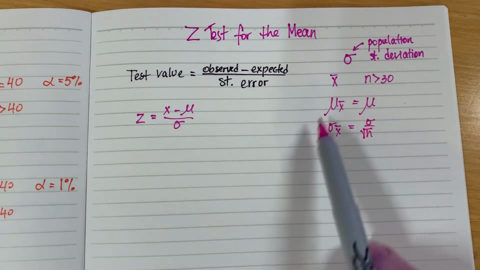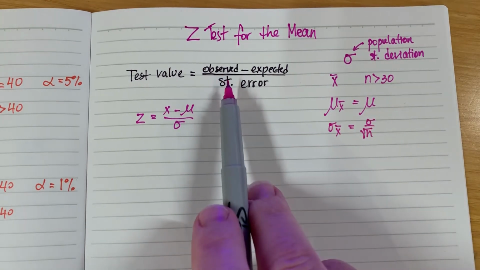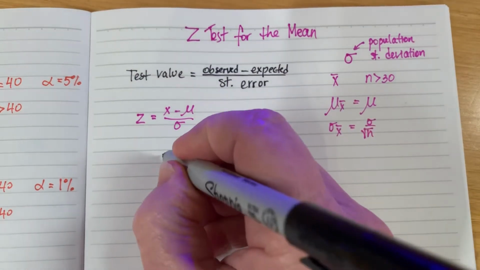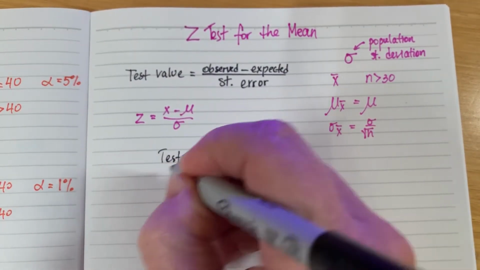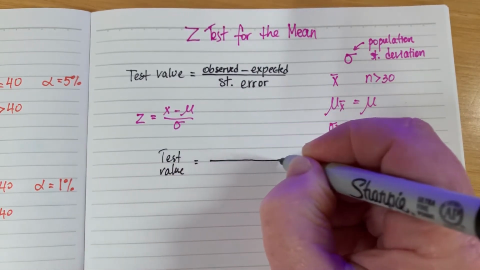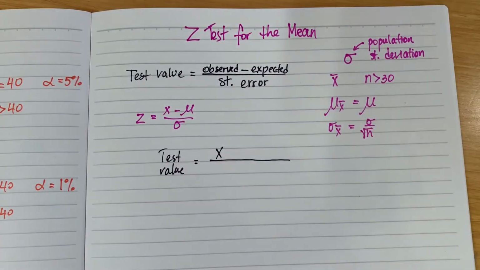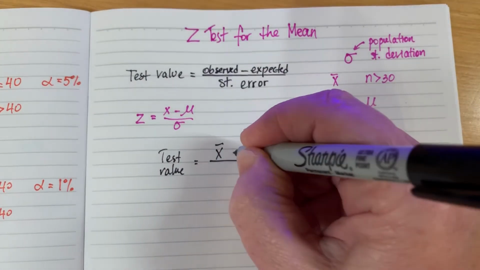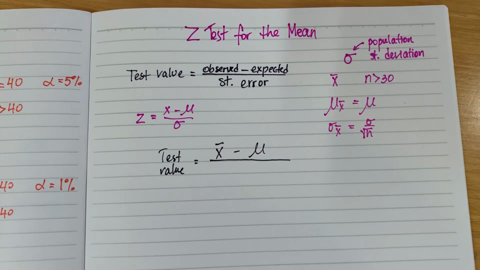So once I put all this in, I'm going to end up with my test value looking like this. My z-test value is going to be, this is what I got from my sample: my x bar is what I get from my sample. My mu is the expected value from my null hypothesis.